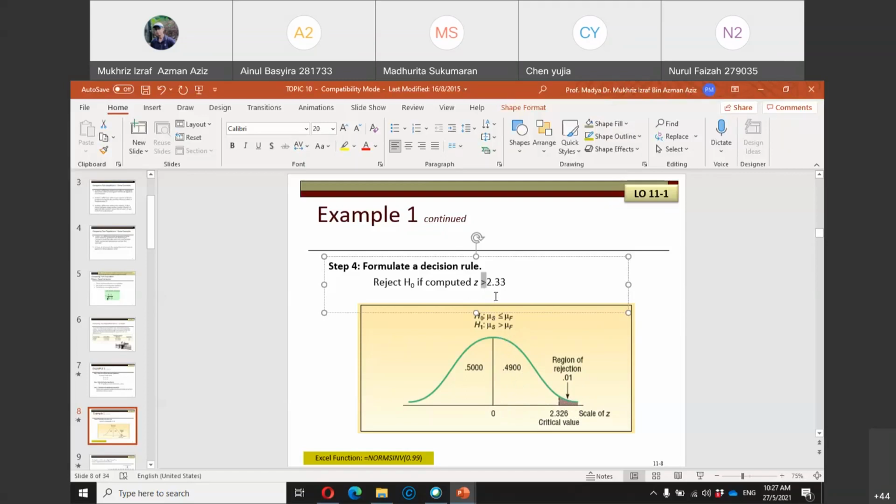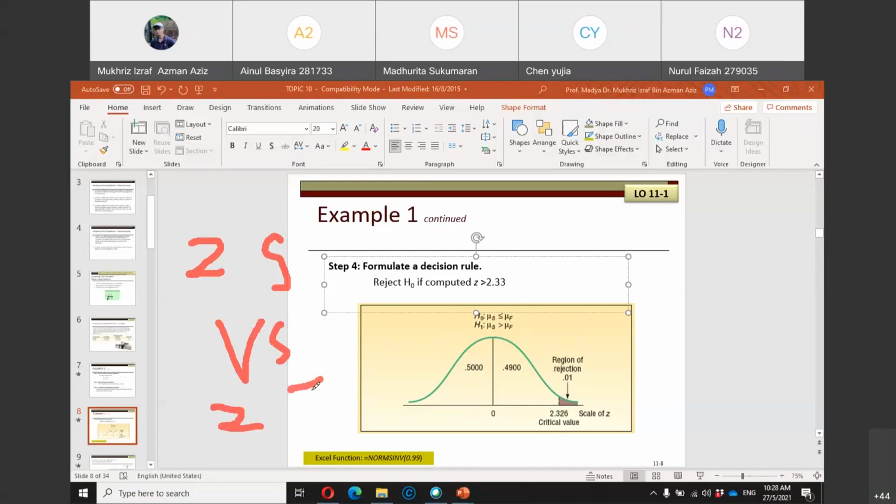So the approach of determining the critical value for the Z distribution is exactly the same, whether it is one sample hypothesis testing or two sample hypothesis testing. Do not get confused between the words two sample versus two tail.